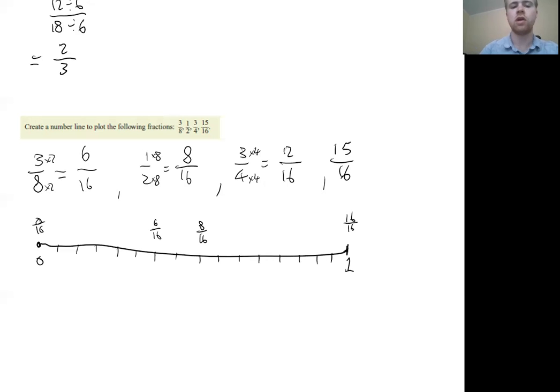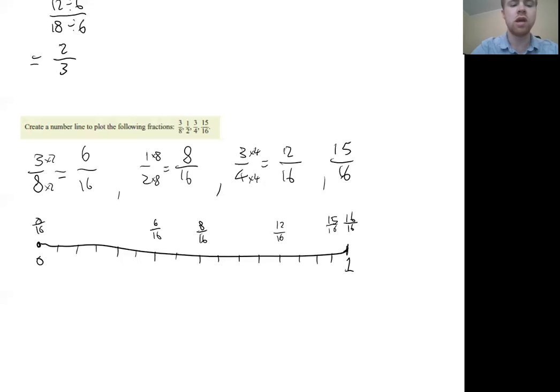And now we can put in our numbers as such. So we've already got 6/16 in there. We've already got 8/16 in there. Where we're going to put 12/16, so it's going to be 9, 10, 11, 12/16 goes above here. And then 15/16 is going to be right here, 1 away from that.